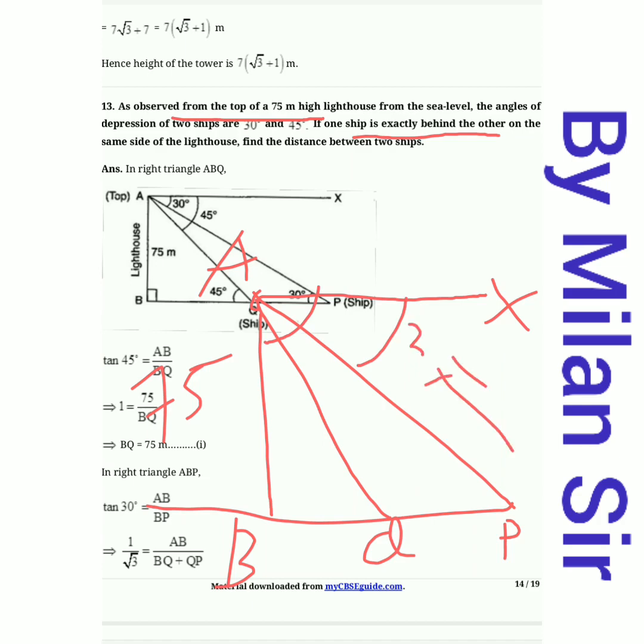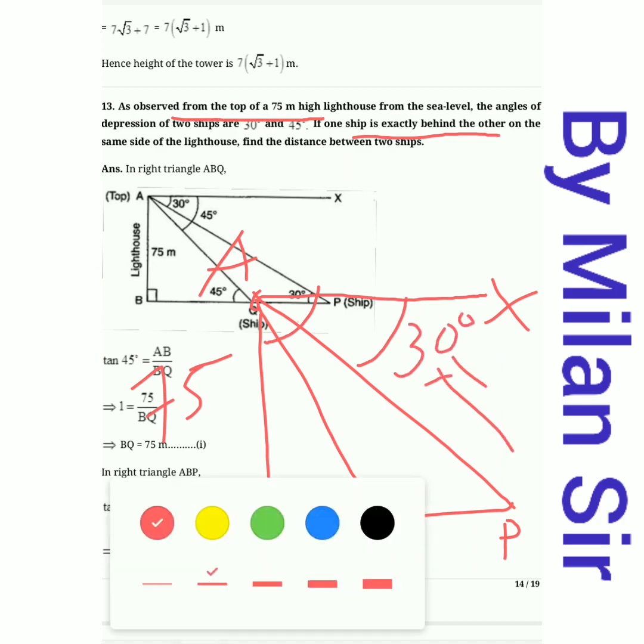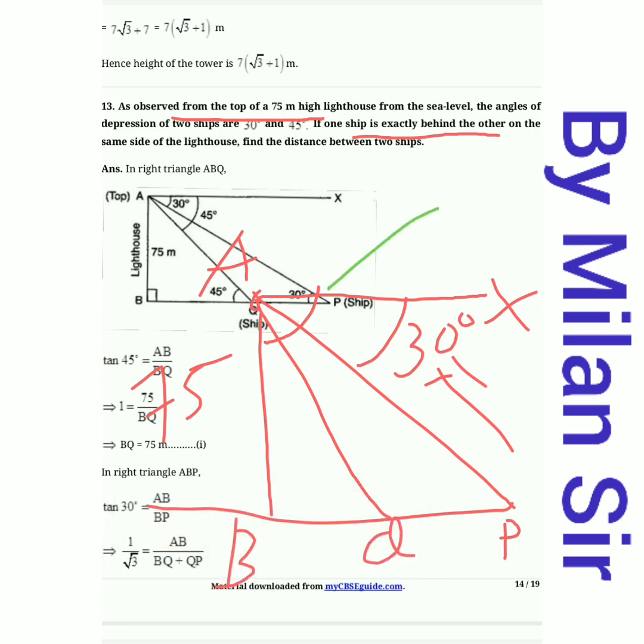So it is 30 degree, right? And this is the larger angle, it is 45 degree. We can decide these angles by observing them, right? Because obviously angle XAB, that means this angle, is smaller than XAQ, right? XAQ is larger, that's why we give 45 degree, and XAP is 30 degree.